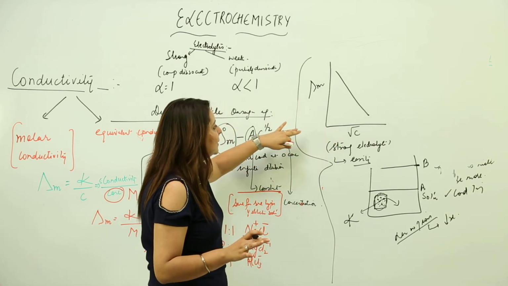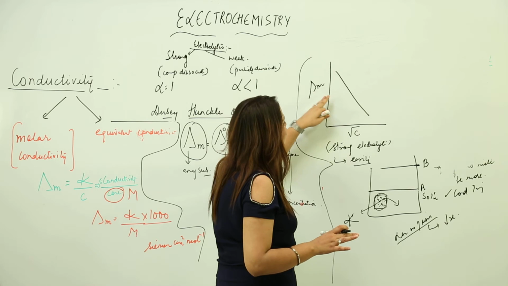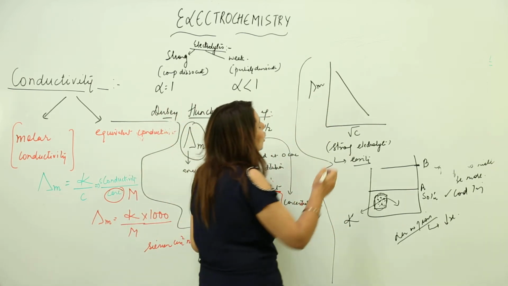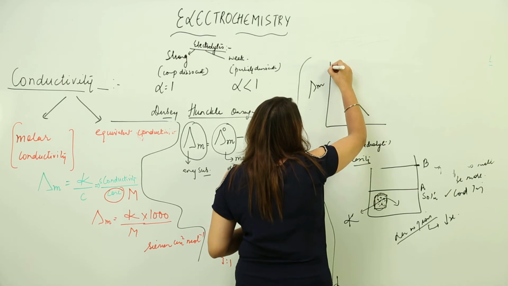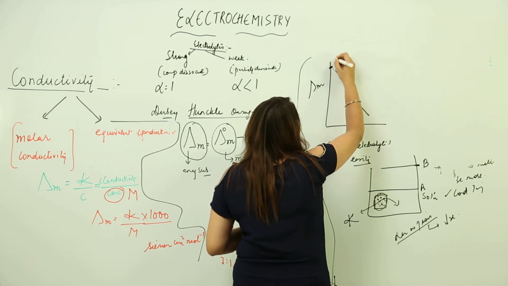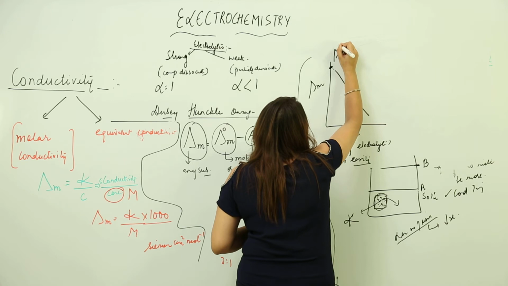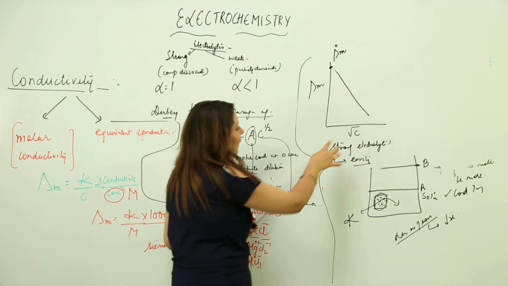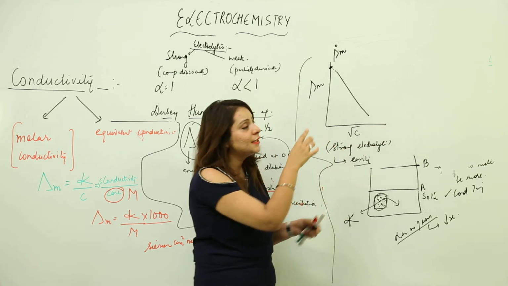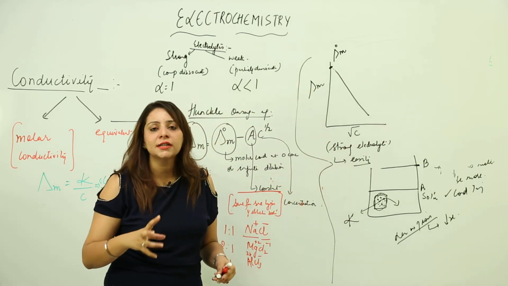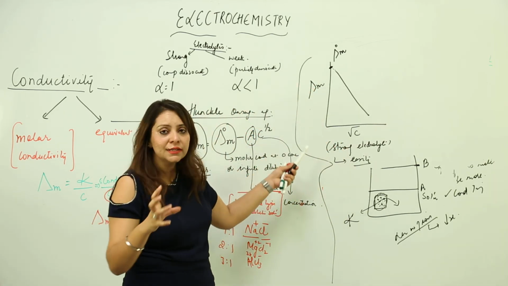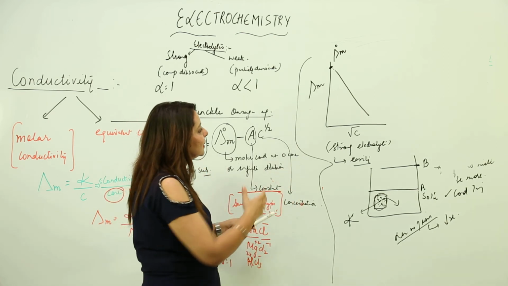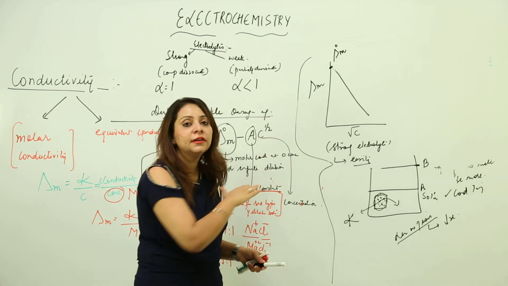We see that when we are diluting, the molar conductivity is affected. If I extrapolate it, the value at this point is going to give me the molar conductivity at zero concentration. As you can see, concentration is decreasing here. So this gives me the molar conductivity at zero concentration, or we can say at infinite dilution. So the graph for a strong electrolyte appears like this.